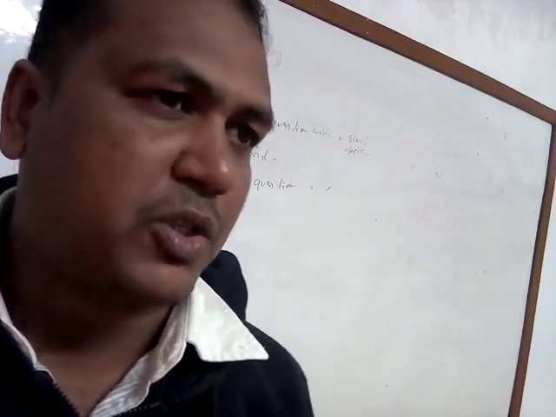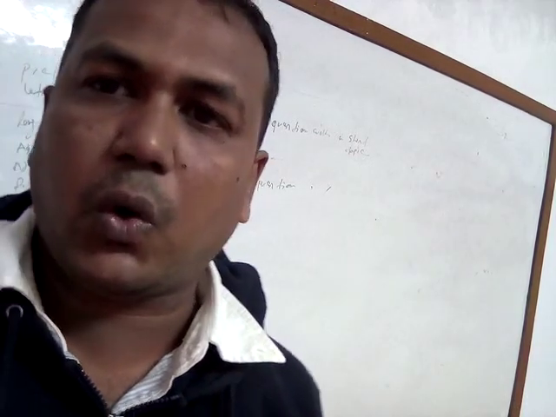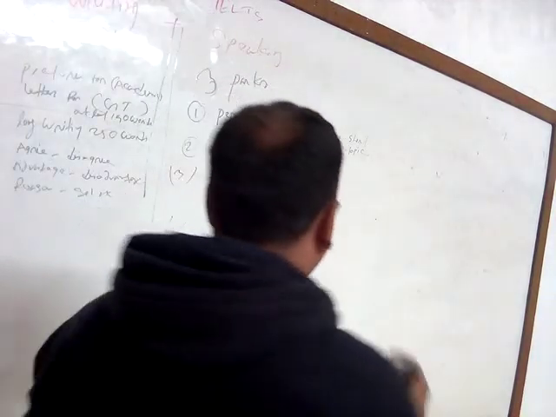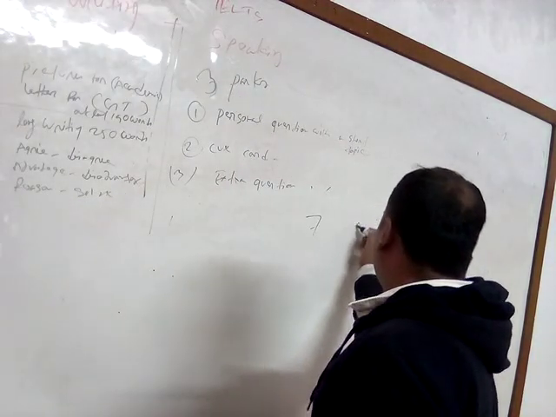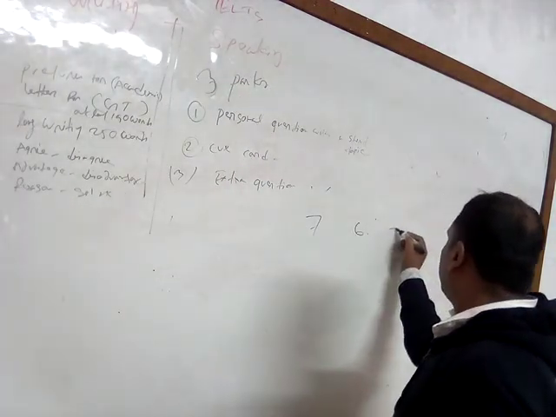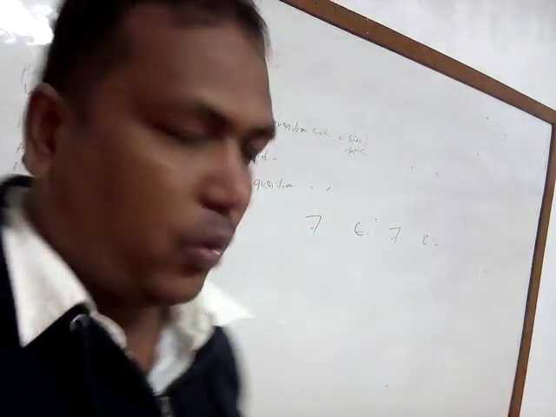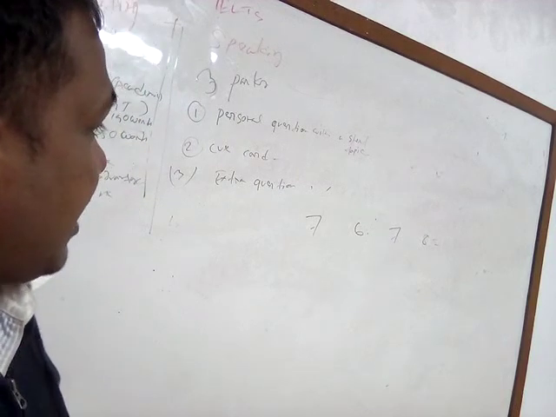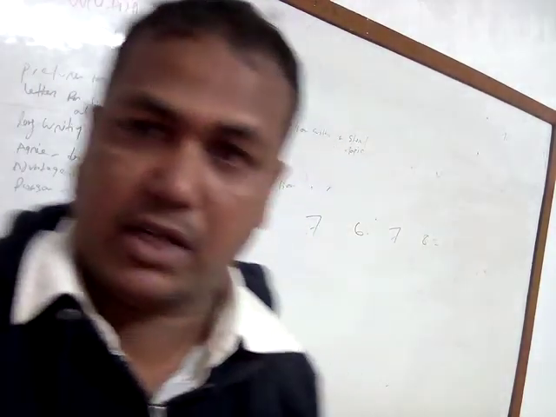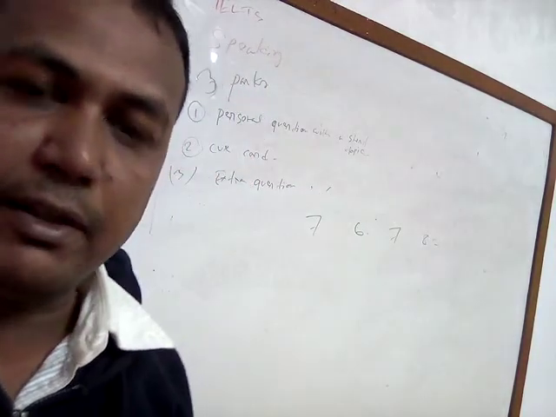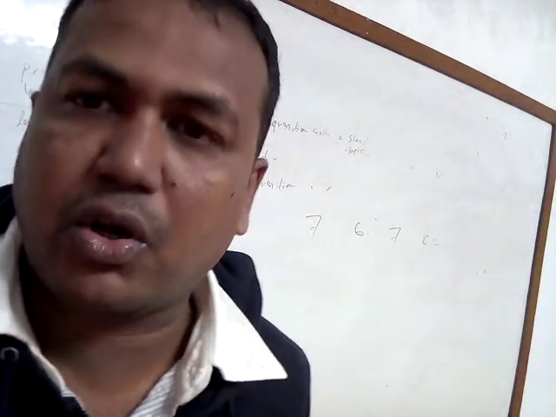In terms of scoring, the IELTS band score goes up to 9. For example, you achieve 7, 6, 7, and 8. What will be your band score? We have to add all the scores individually and divide by 4, and your score will be counted.